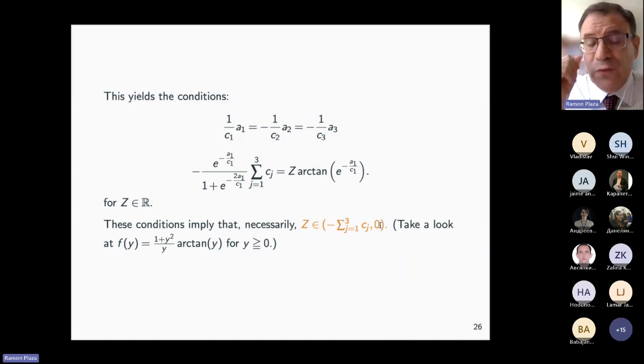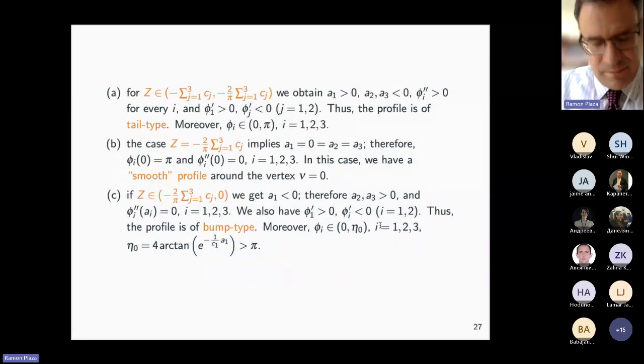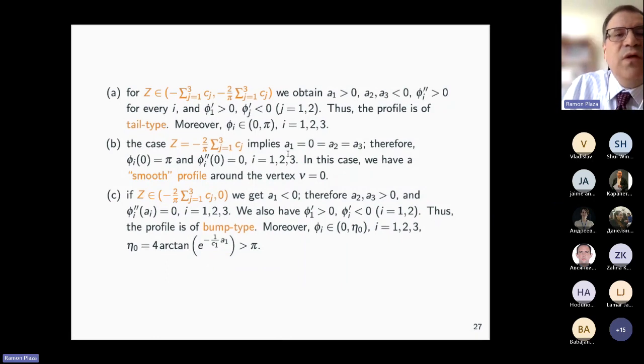Now we use these relations in order to construct our solutions. We proceed by cases. The first case is when z is between these two numbers, minus the sum of the cj's and minus 2 over pi times the same sum. And you obtain the signs for the parameters a.